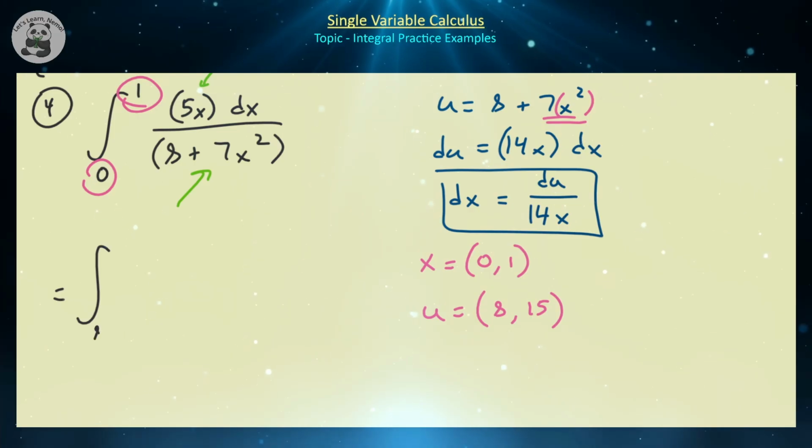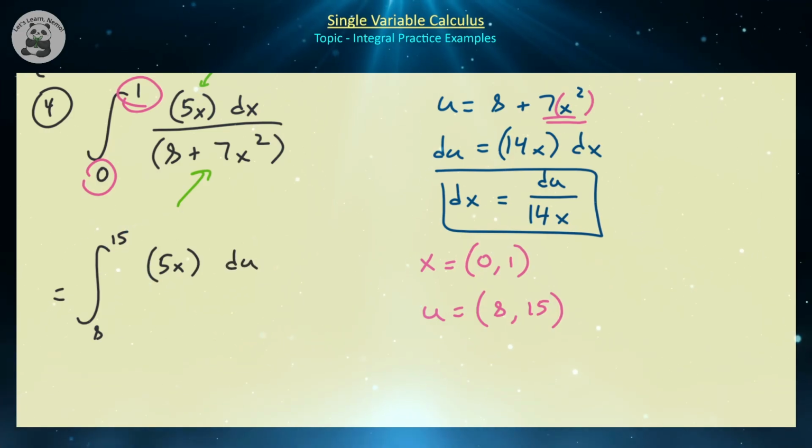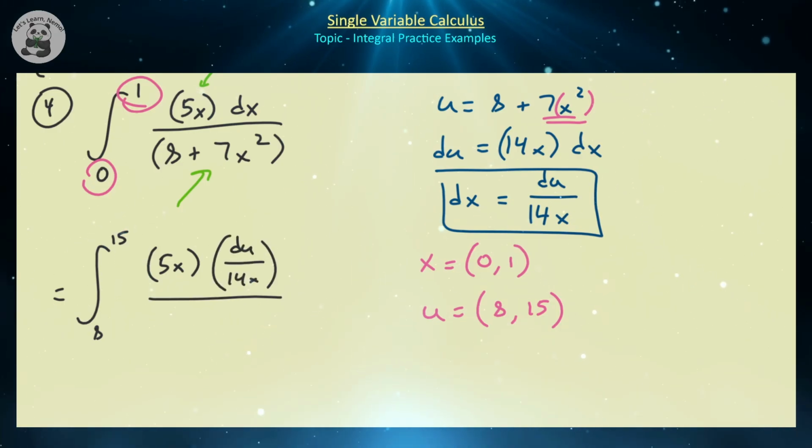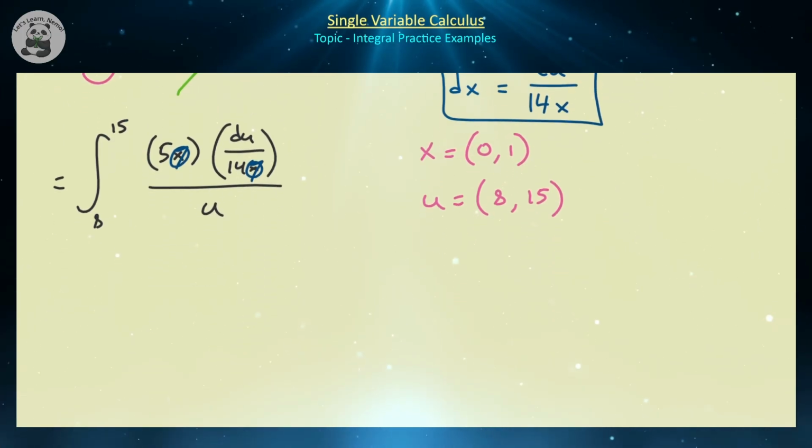So we're going to have the integral from 8 to 15 of 5x times the differential of x, which is du all over 14x, and then all over 8 plus 7x squared, which was going to be our u. So notice that our x's do eliminate, and we have a constant of 5/14 in front, so we can factor that out.